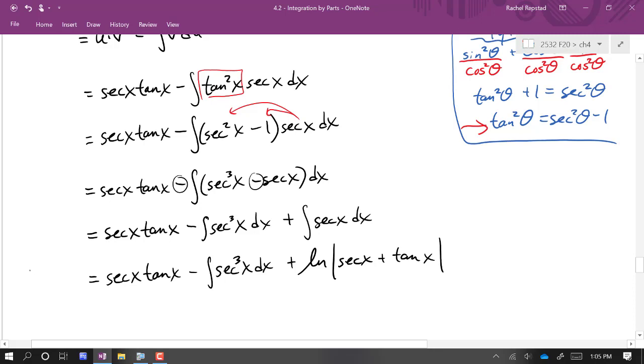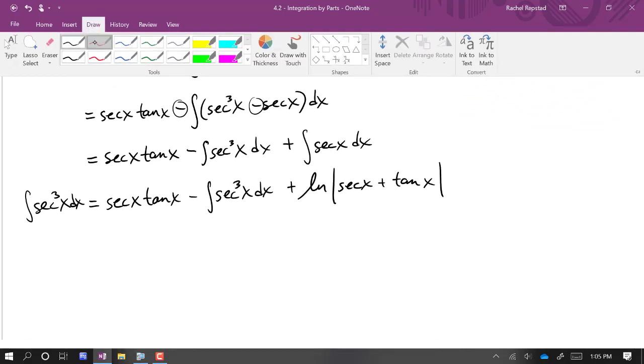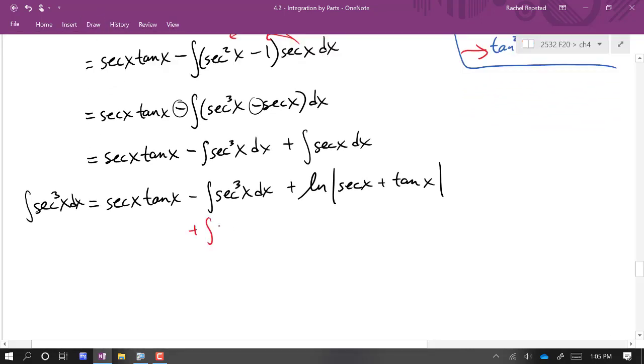So all of this is equal to the integral of secant cubed x dx. And we see the integral of secant cubed x dx show up again in this iteration of integration by parts. So just like we did in the last example, we're going to finish this problem by using algebra. Let's add the integral of secant cubed x to both sides.